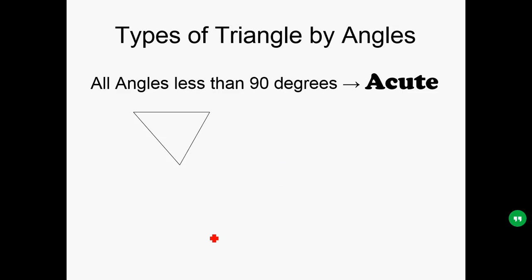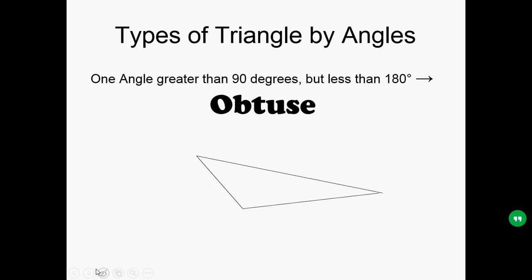Now if we name them based on the angles, when all of your angles are less than 90 degrees, the triangle is known as acute. When at least one angle is greater than 90 degrees, the triangle is known as obtuse.